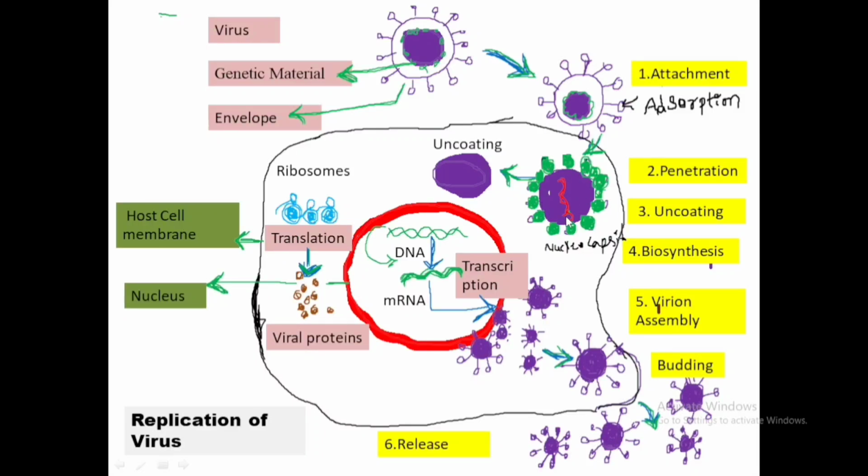Here you can observe the blue color is the virus nucleus or genetic material, and surrounding it the protein coat is present. This is called the capsid. Capsid plus nucleus together we can say is the nucleocapsid. So during the penetration process, the enveloped virus allows only the nucleocapsid into the host cell cytoplasm.